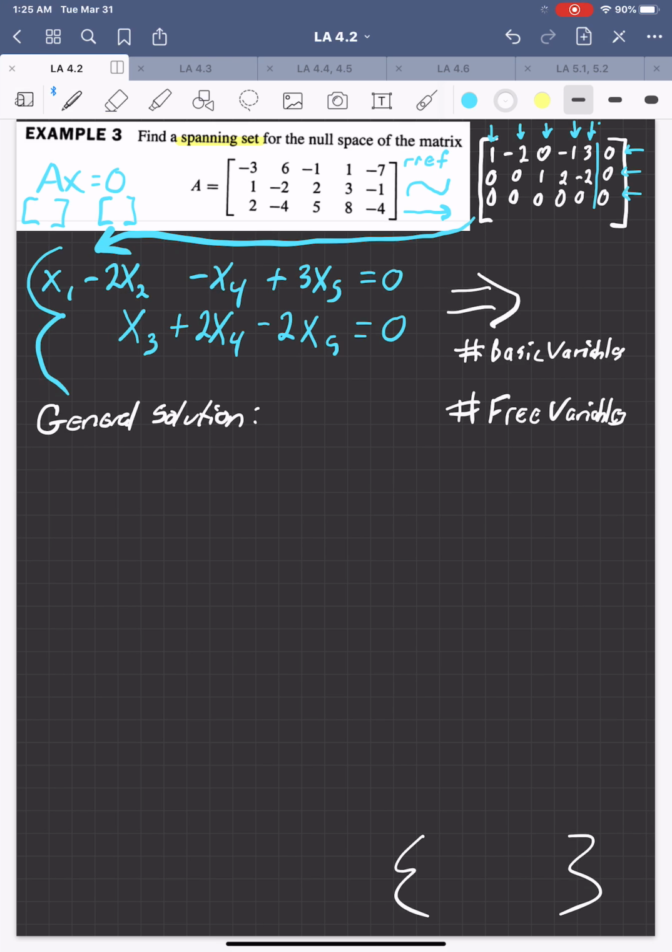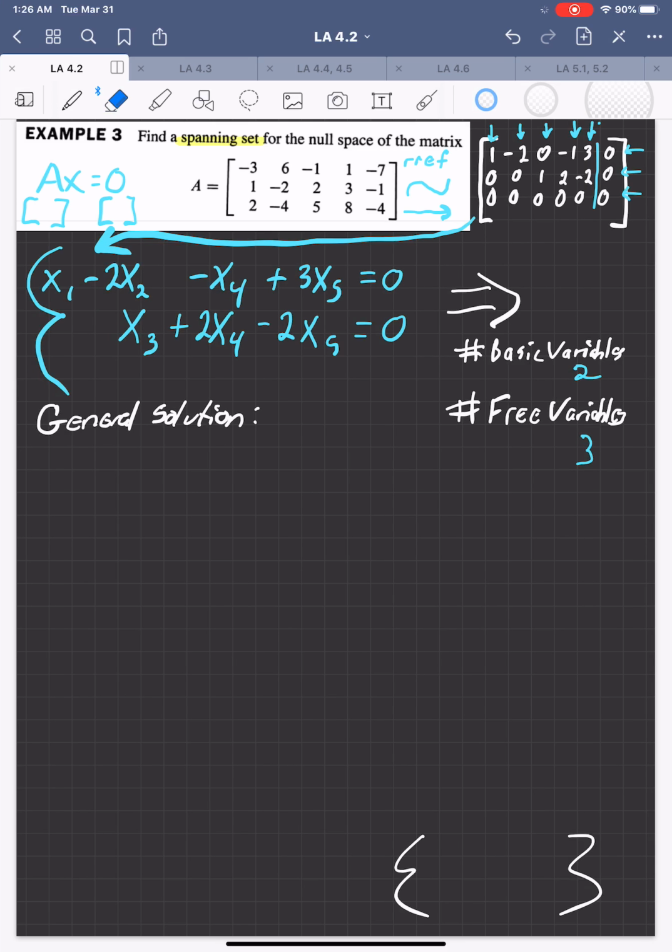Okay, so if you have two equations, forget about the last row of all zeros, if you have two rows or two equations, then you have at most two basic variables. But we have 5, so that would mean that we have 3 free variables. Ready? So now let's get to our general solution.